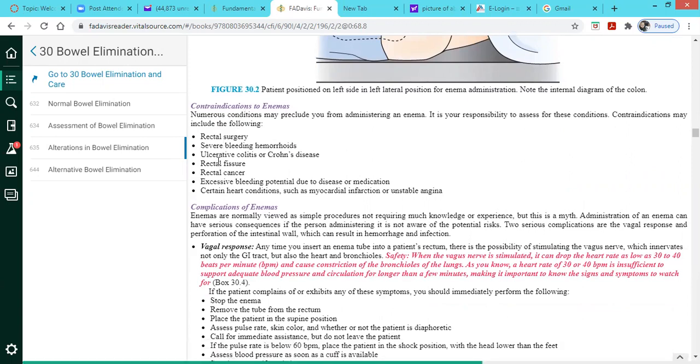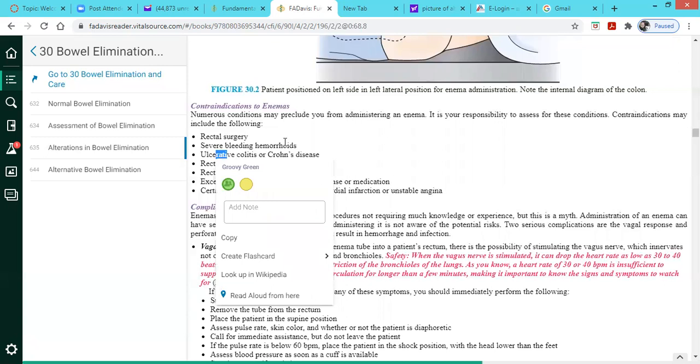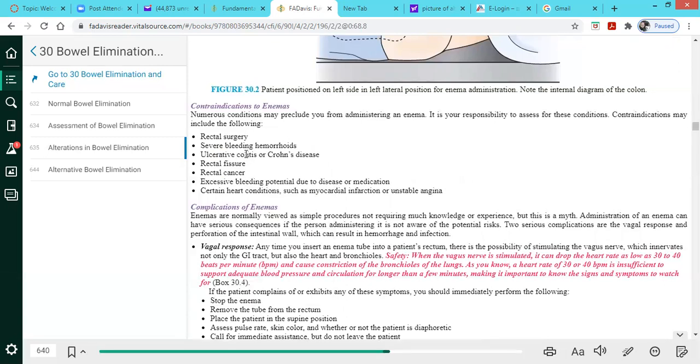Whenever I hear the word ulcerative colitis, ulcerative always makes me think of open skin, like an open sore, and colitis makes me think of the colon. Other contraindications to an enema will be rectal fissures, rectal cancer, excessive bleeding, that type of thing.